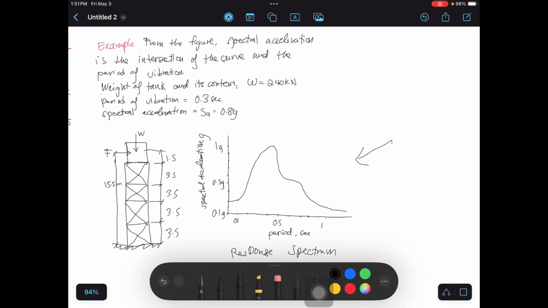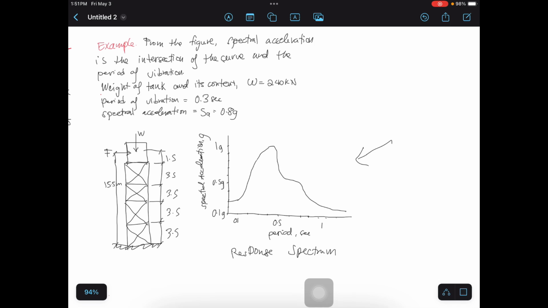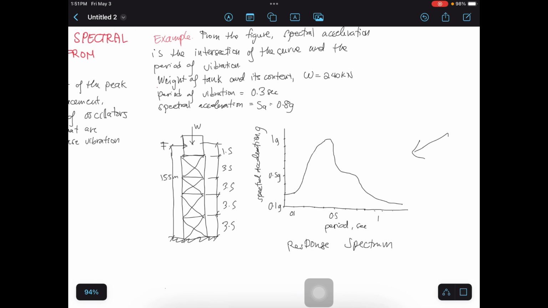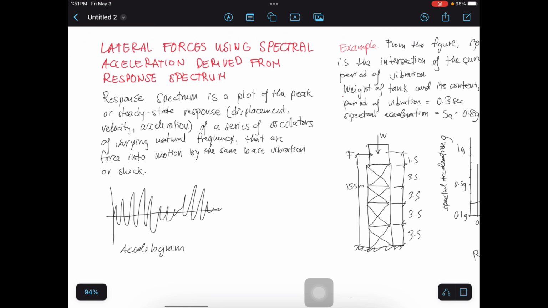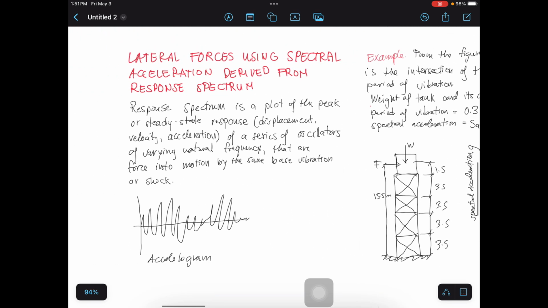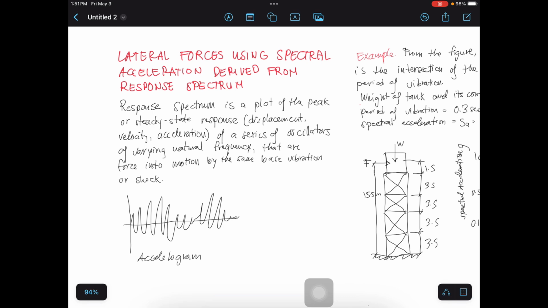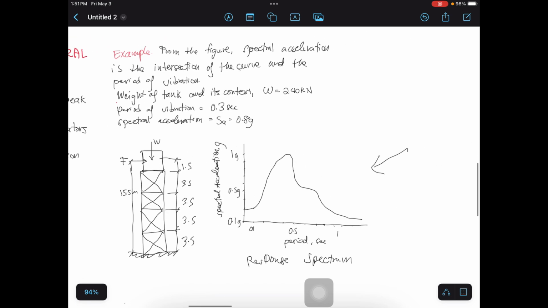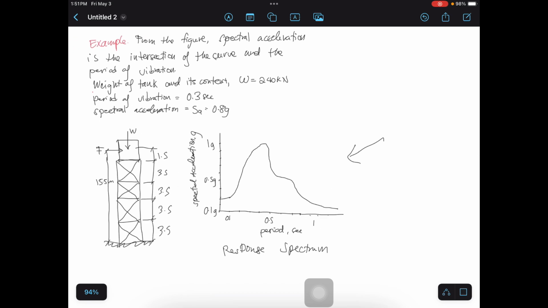Tatlo ang pwedeng graph na ma-derive from accelerogram. Yun yung response spectral displacement, spectral velocity, and spectral acceleration. So, to get yung lateral forces dahil sa earthquake, using yung response spectrum, gagamitin yung spectral acceleration.